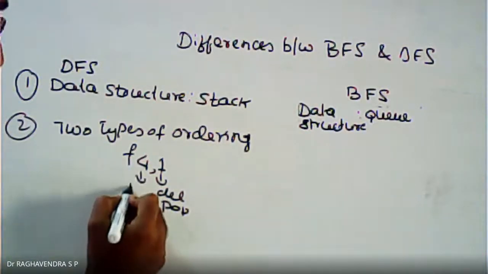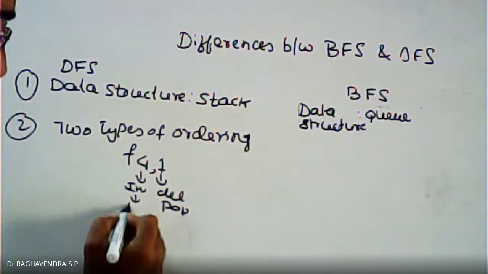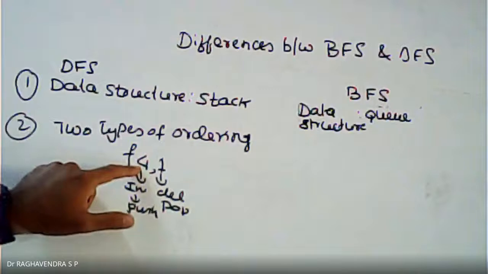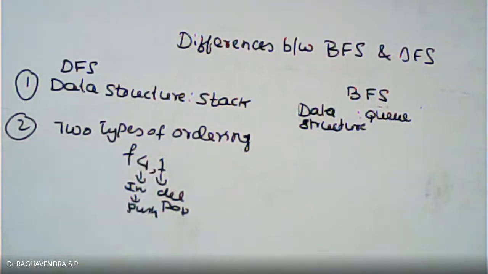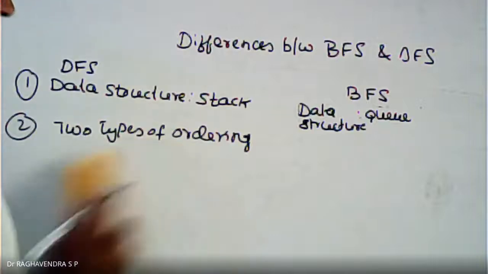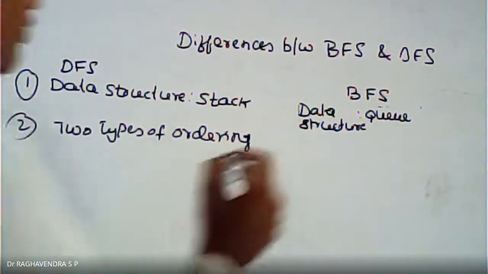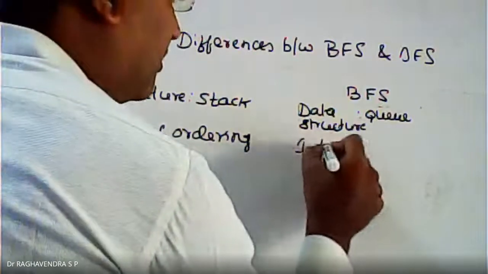This is nothing but insertion, or push in the stack, and deletion, or pop. So we have two types of ordering in case of DFS, one for push and another for pop. But in case of BFS, only one type of ordering.